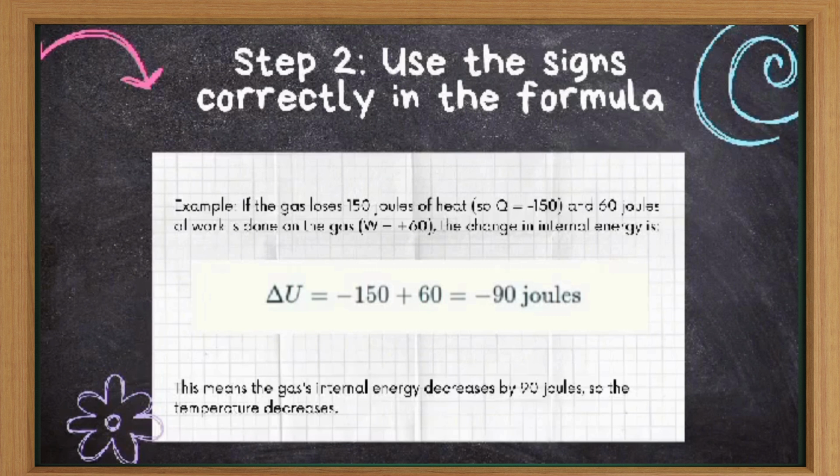Example: if the gas loses 150 joules of heat and 60 joules of work is done on the gas, the change in internal energy is delta U equals negative 150 plus 60 equals negative 90 joules. This means the gas's internal energy decreases by 90 joules, so the temperature decreases.